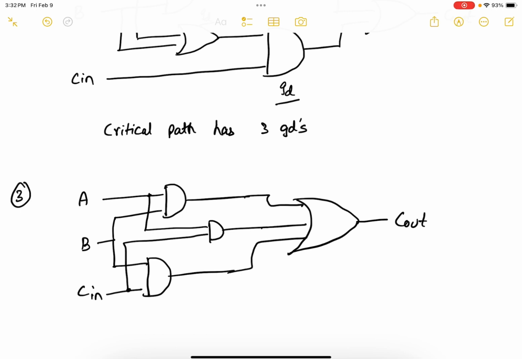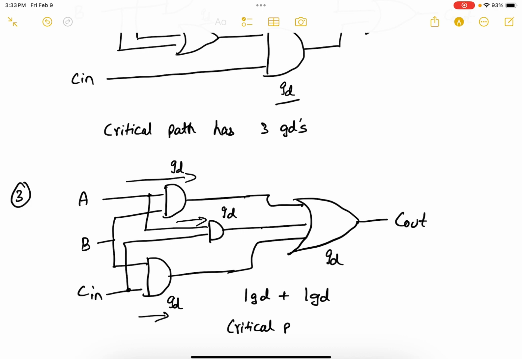Here, assuming again all gates have the same gate delays, in this circuit you can either take this path or this path or this path, but you would undergo only one gate delay because all of them are happening in parallel. The operations are happening in parallel, so that's one gate delay. And then you have an OR gate which has another gate delay, so that's two gate delays. Therefore, the critical path has two gate delays.